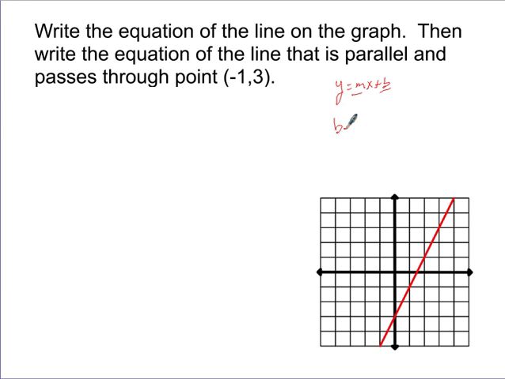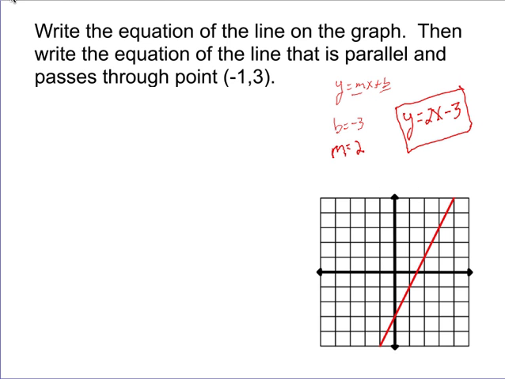So the y-intercept is -3. And then the slope is up 2 over 1. So slope is 2. So I can write the equation of this red line as y equals 2x minus 3.